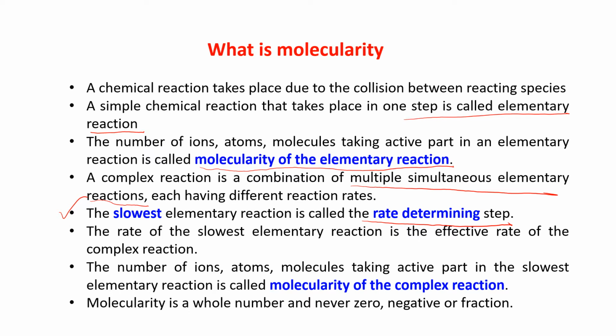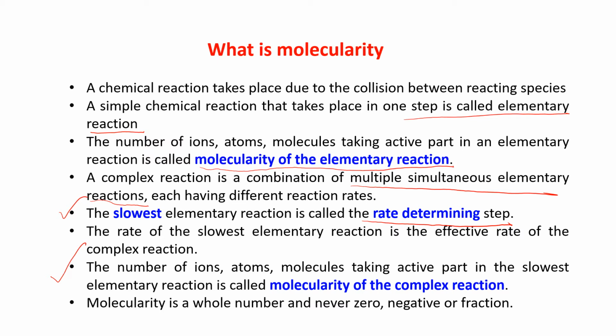Next, the rate of the slowest elementary reaction is the effective rate of the complex reaction. The number of ions, atoms, molecules taking active part in the slowest elementary reaction is called the molecularity of a complex reaction. Please note down that.